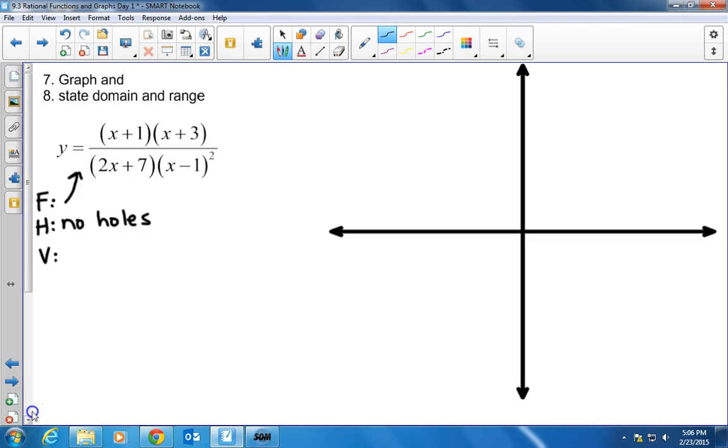All right, the next one, which I usually label as a V, that's our vertical asymptotes. And remember, our vertical asymptotes were x equals negative 3.5.